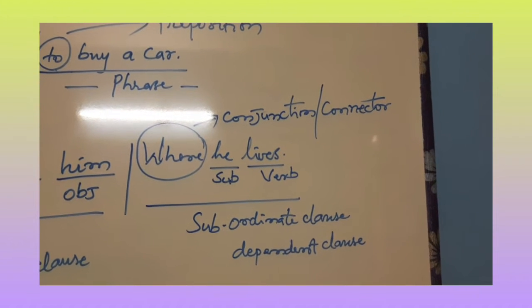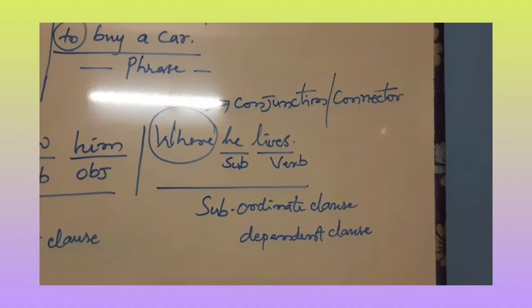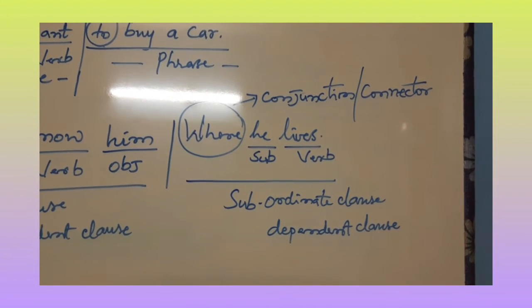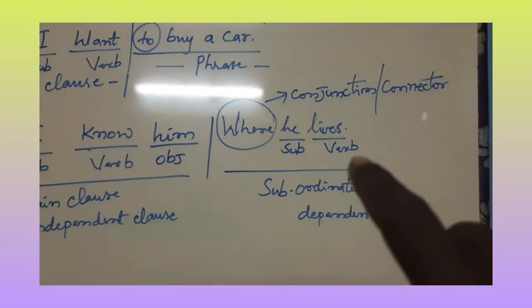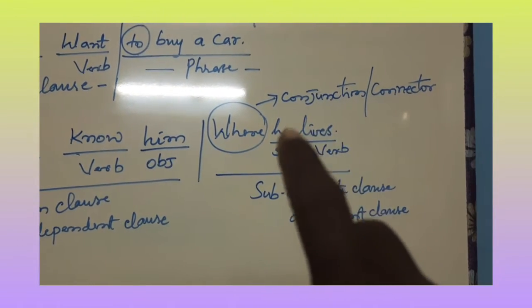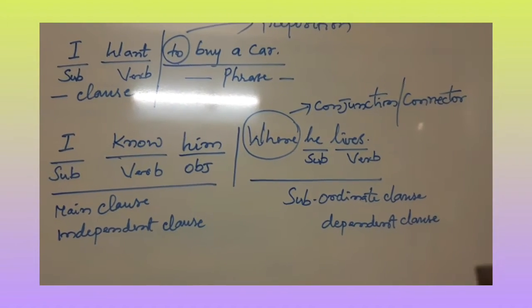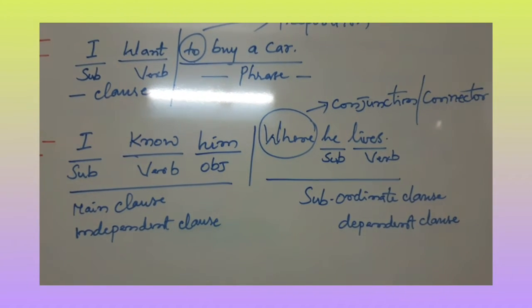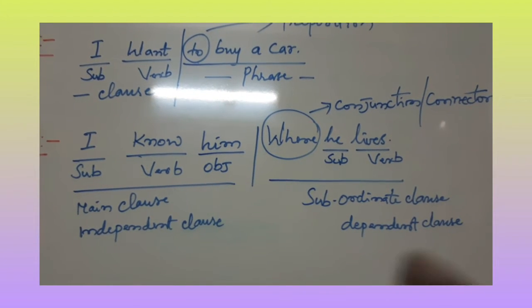He lives. Where he lives is considered a subordinate clause, and it too has a subject and verb. The main clause has a subject and verb. The subordinate clause also has a subject and verb. So you can see a bifurcation line drawn between these two clauses.